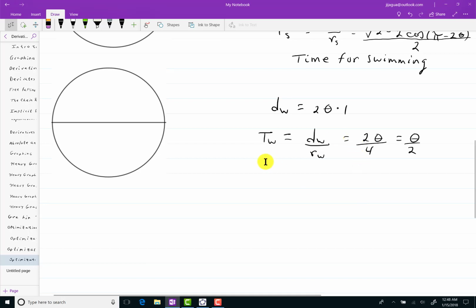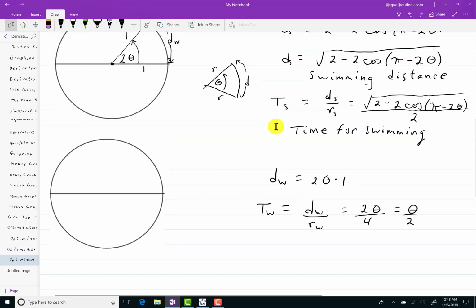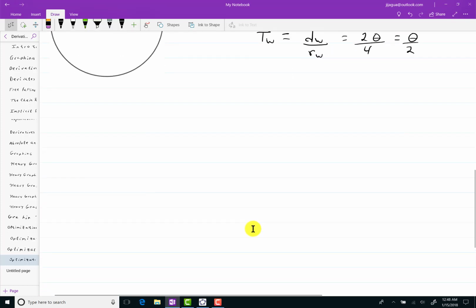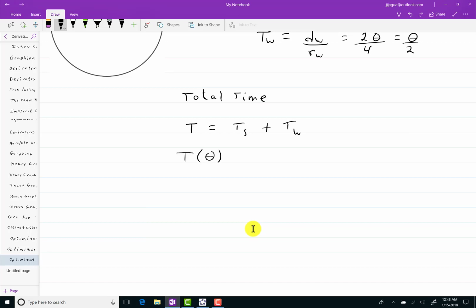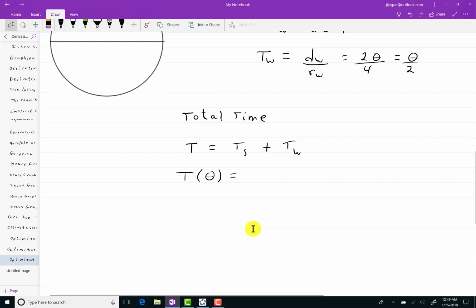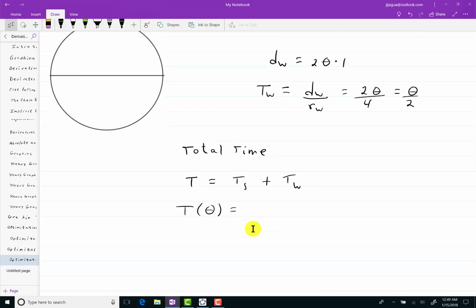So the total amount of time then is just going to end up being the time spent swimming plus the time spent walking. So total time t equals t sub s plus t sub w. Now I think I'm even going to go one step farther and call it a function of theta, because that'll be my variable theta. That's clearly what's going to be the thing that moves in this problem.